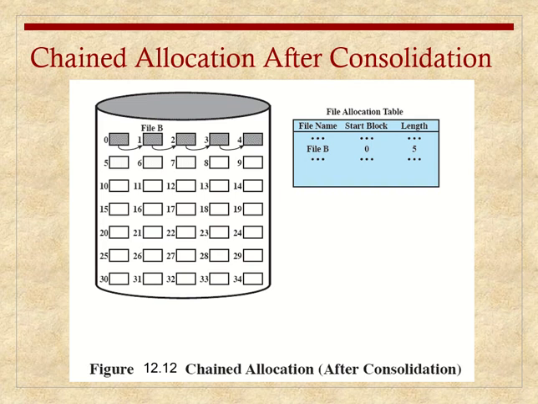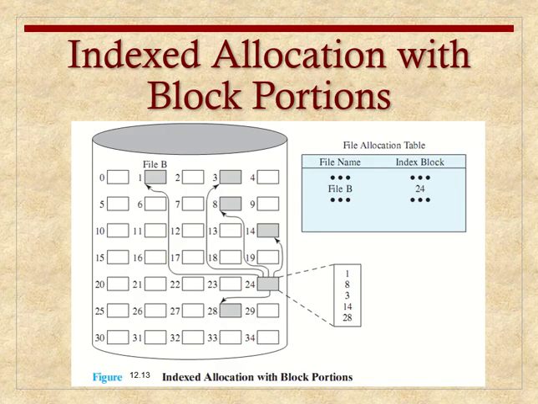Okay, the third type of file allocation is index allocation. This overcomes the problems with the contiguous allocation and the chain allocation.